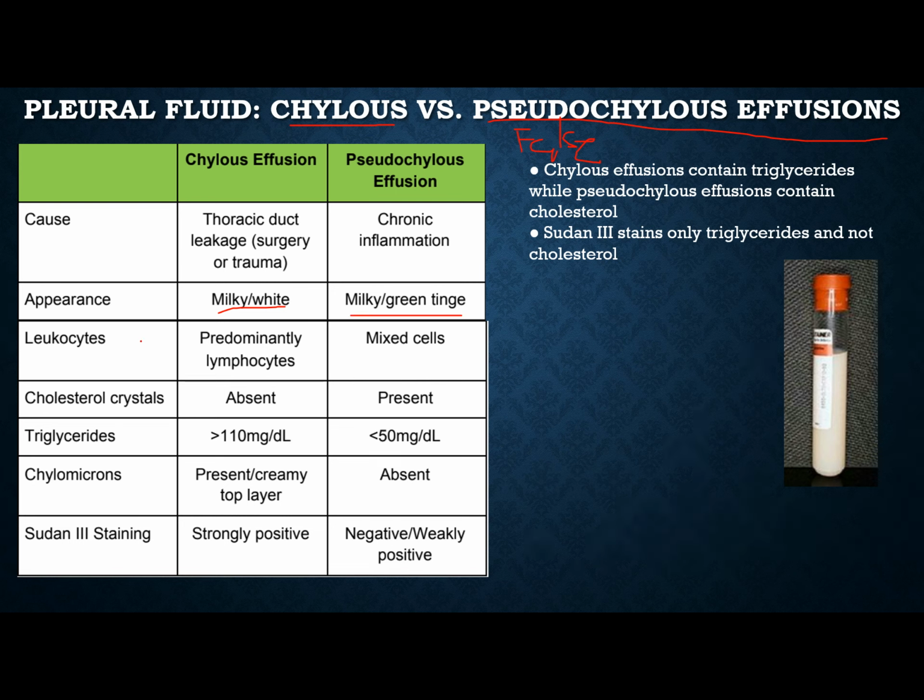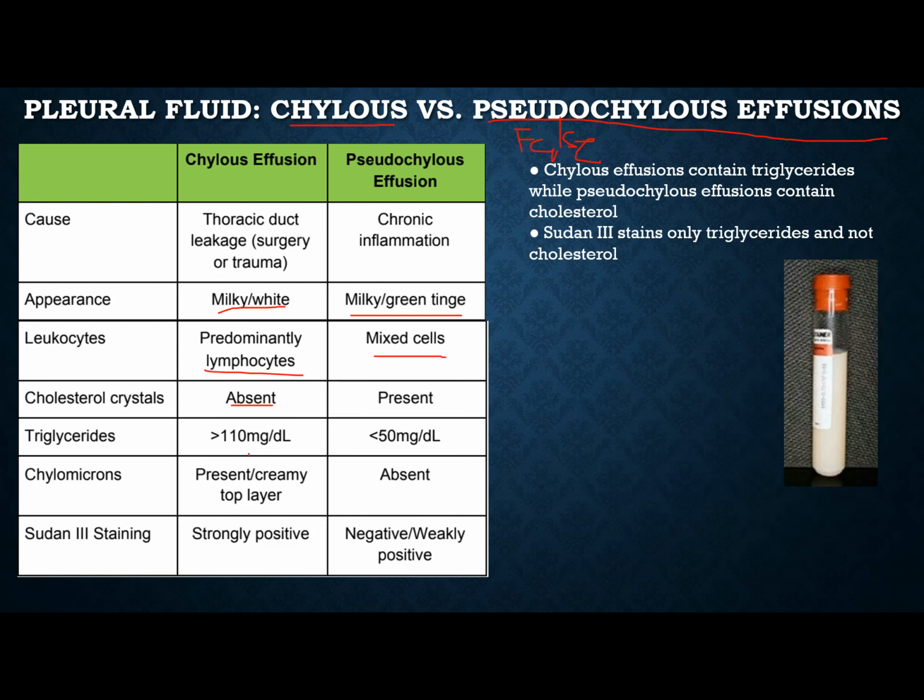Now, if it's leukocytes class, in a chylous effusion, the predominant leukocyte is lymphocyte. But if it's pseudochylous, there would be mixed cells. Then, if it's a chylous effusion, there would be absence of cholesterol crystals. Pseudochylous effusion, presence of cholesterol crystals.